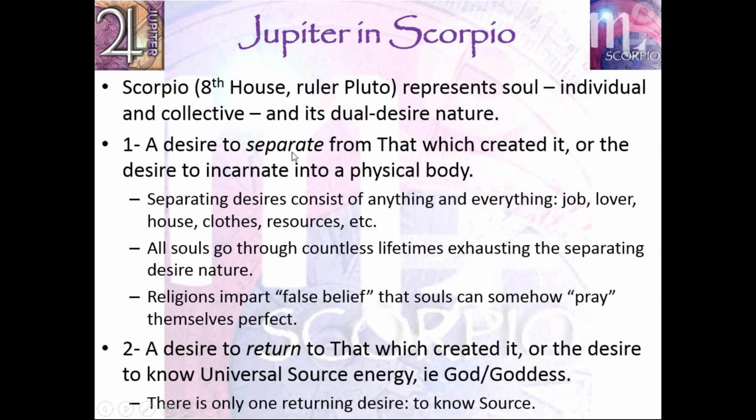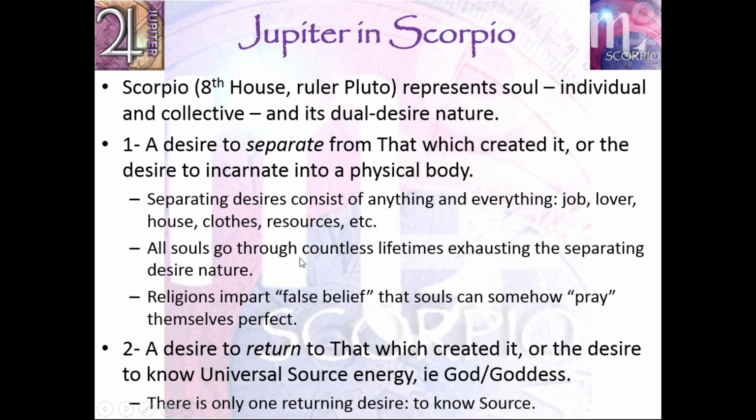We have first a desire to separate from that which created us, or the desire to incarnate into a physical body if we're human or animal or even plant. Now, what's that separating desire?